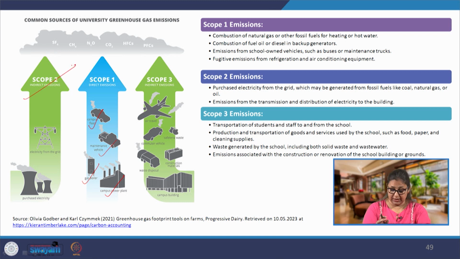Now, scope 3 could be really wide. Now, here what all are we covering? We are covering the travels. There could be air travel. We have talked about it earlier also, there could be travel because of academic purposes. So, all that travel is going to be in scope 3 indirect emissions.